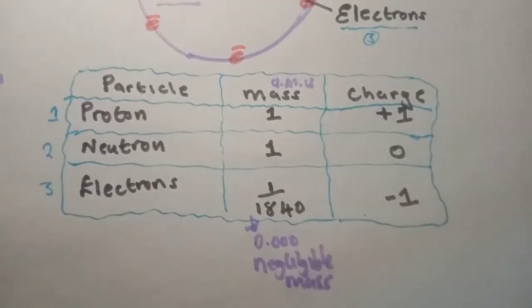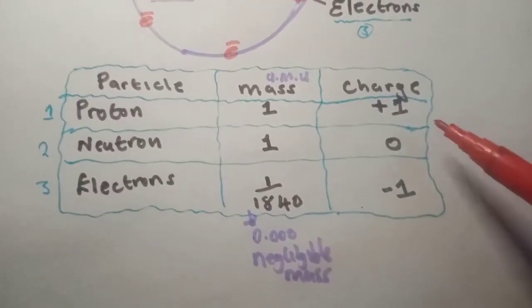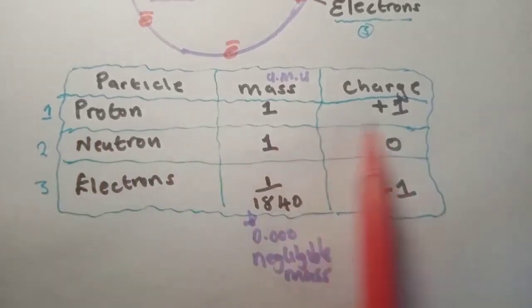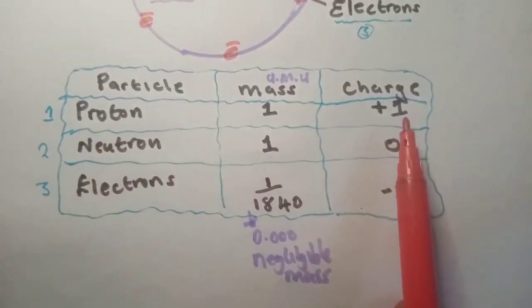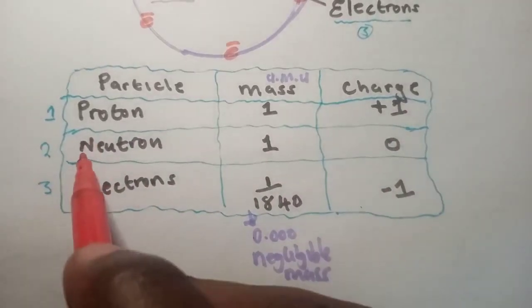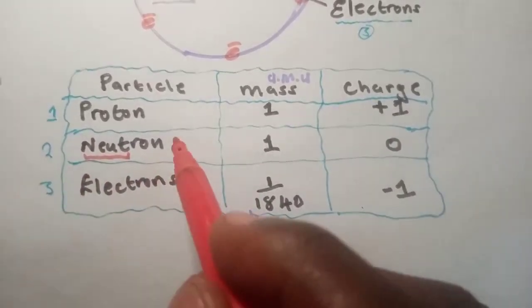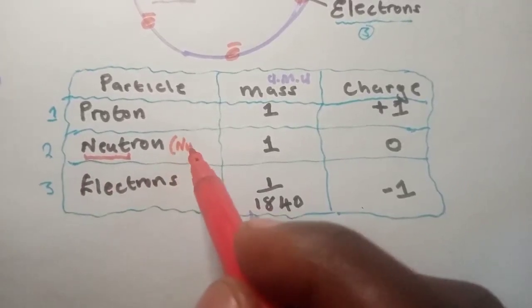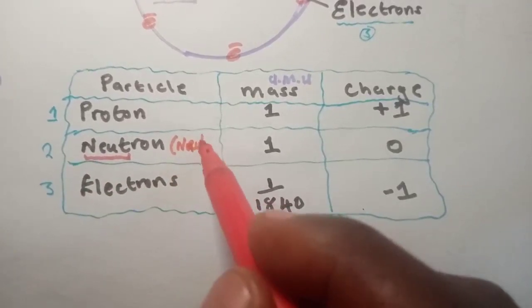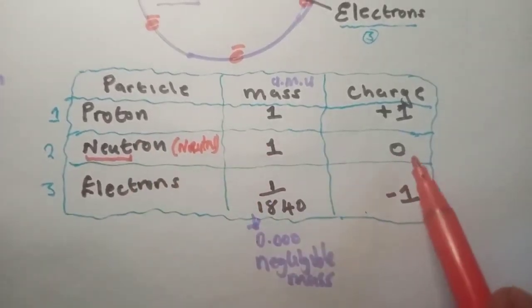Apart from knowing the masses of these subatomic particles, you also need to know the charge. The proton has a positive charge, +1. The neutron was named from the word neutral. This is simply because the neutron doesn't have any charge.